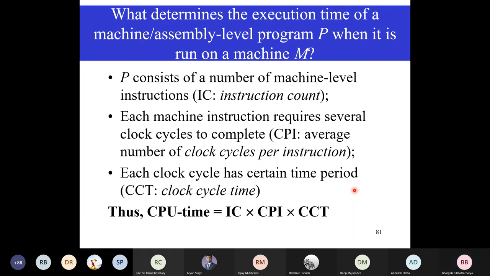Right? So you have the full picture in front of you now. Everybody wants to minimize the CPU time. So if you can minimize one or all of these components, then your machine would be faster. Your performance would become better.